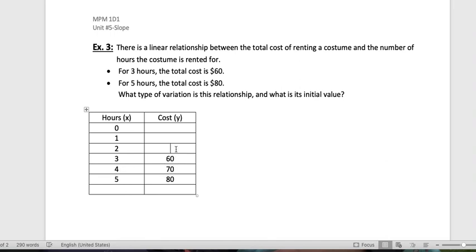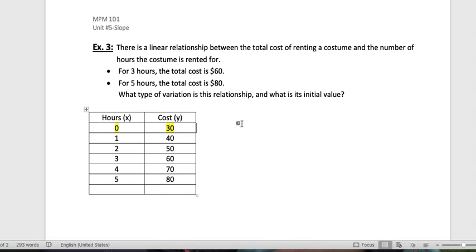So that means for 2 hours, it would be $50. 1 hour, it would be $40. And for no hours, it would be $30 to rent the costume. So the initial value, remember we talked about initial value being when our x is 0, what is our initial cost?